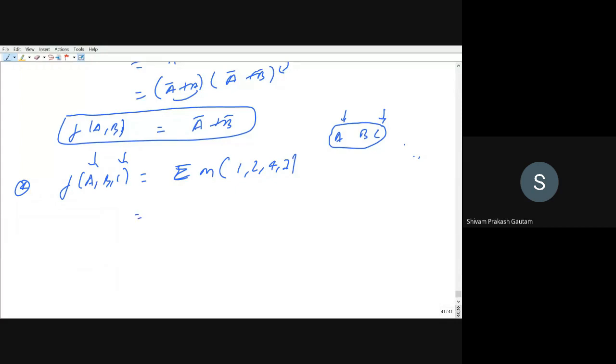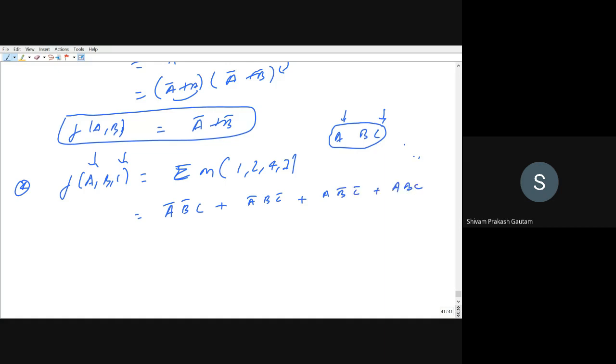So how can we write M1 in terms of A, B, C? It is A bar, B bar, C. M2 is A bar, B, C bar. Plus M4, that is A, B bar, C bar, plus M7, A, B, C.